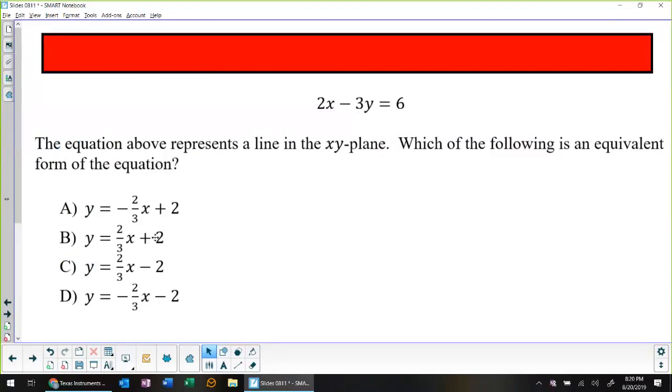Now I just have to pick between B and C, and a quick look at what the y-intercept is, that is when x is 0, will show me that it's +2. And so a student has a quick way to answer an SAT question, not from their skills in algebraic manipulation that might take some time, but from their understanding of the standard form of the equation of a line.